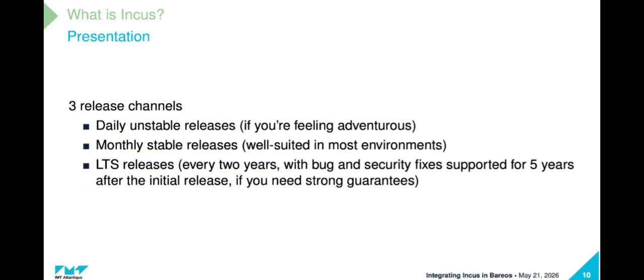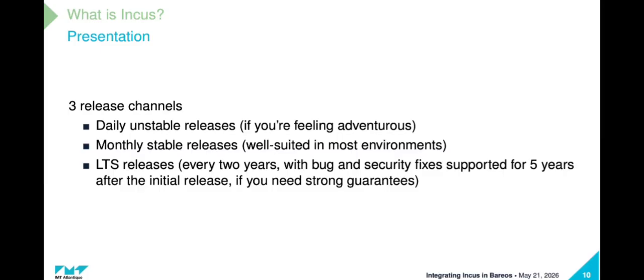We have 3 release channels for Incus. If you're adventurous, you can try the daily unstable releases, which no one does except for developers. So don't do that. A lot of people are using the stable monthly releases, but most folks are using the LTS releases, which provide more guarantees.